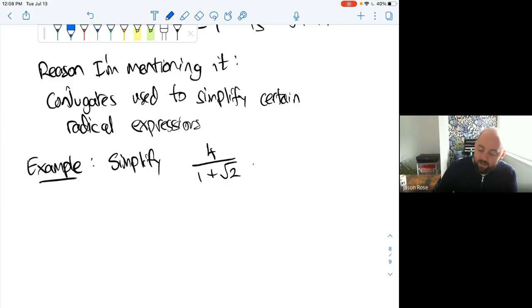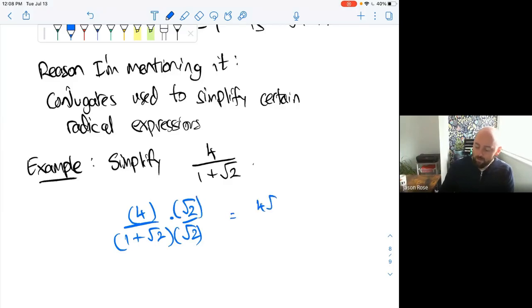So let's see what happens if we do that. 4 over 1 plus root 2. If I multiply on top and on bottom by root 2, what do I get? I get 4 root 2. Here's a problem. I have to multiply the root 2 by both of these terms. So I'm going to get root 2 plus root 2 times root 2.